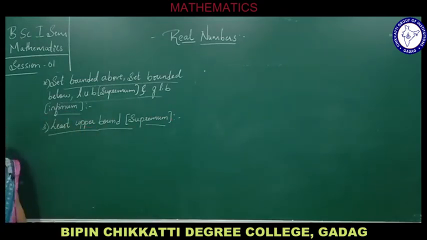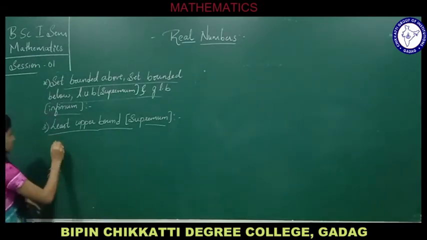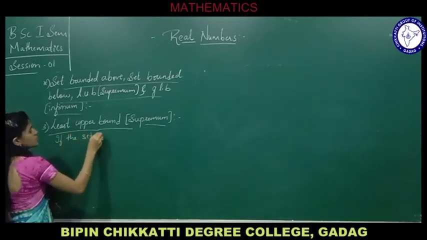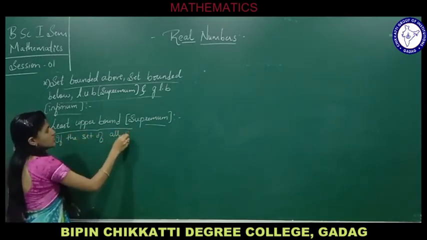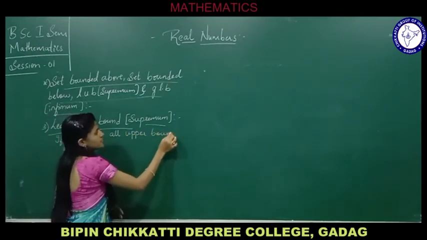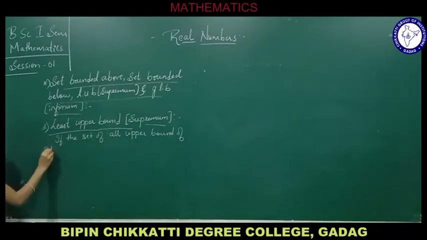So how are we going to define this now? If the set of all upper bounds of a set S, we are talking about the set S, right?